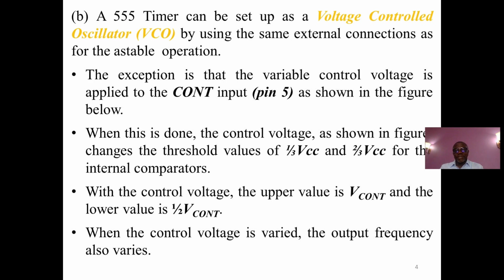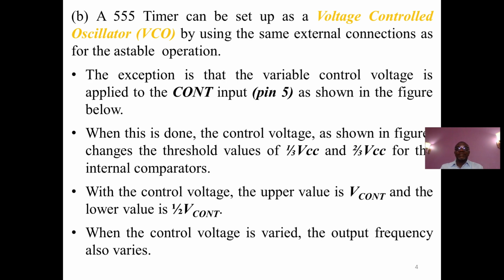When the control voltage is varied, the output frequency also varies. That is, as we vary this control voltage, its value at 1/2 V control and its value at V control change, and this alters the frequency that is being used.